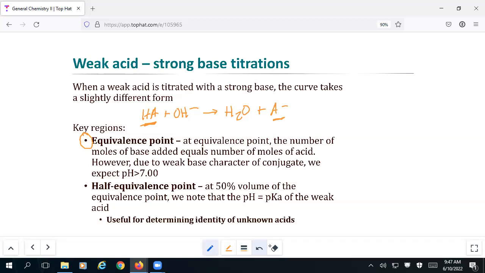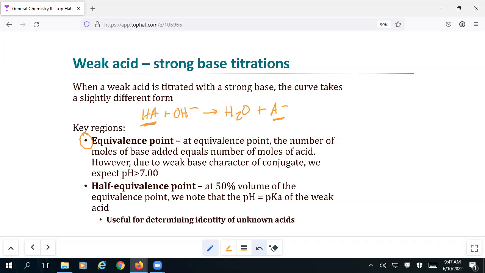And so that is really important for us because we can use that information to identify unknown acids. If we have an unknown weak acid, we can do a titration with it. Using a titration curve, measure the equivalence point, work backward to figure out the half equivalence point.